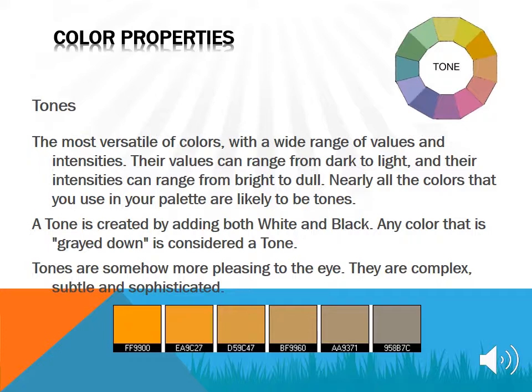Any color that is grayed down is considered a tone. Tones are somehow more pleasing to the eye. They are complex, subtle, and sophisticated. And you can see in the scale below, the orange color was added with different amounts of gray, which becomes different tones.